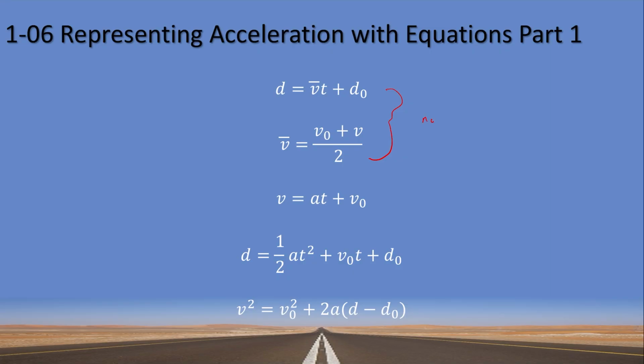So this one has no acceleration, this one has no position, this one has no final velocity, this one has no time. Otherwise, our variables are d, d0, v, v0, a, and t. So you pick the formula that you need to use based on the letters you have.